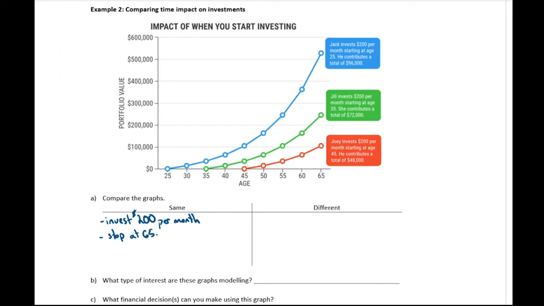So stop at 65 years. And you can assume compound interest is being used because of the nonlinear graph. So we can assume there's compound interest being used because it's nonlinear. If it was simple interest, it would just be a straight line.